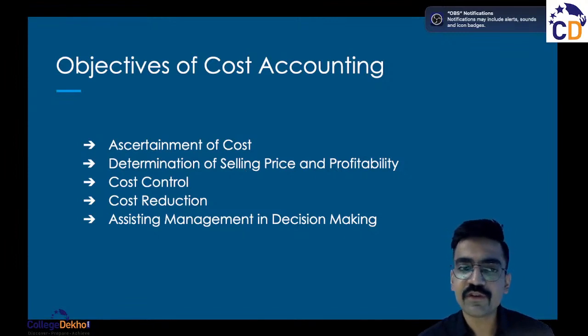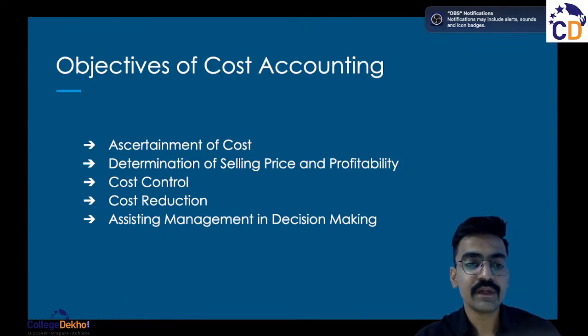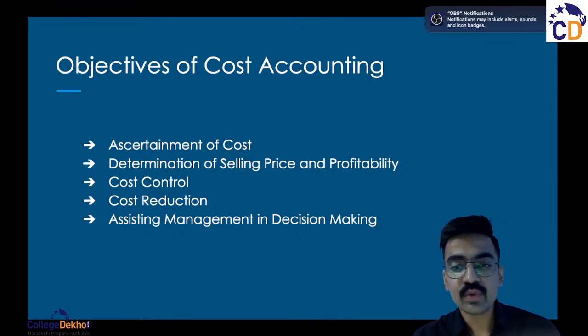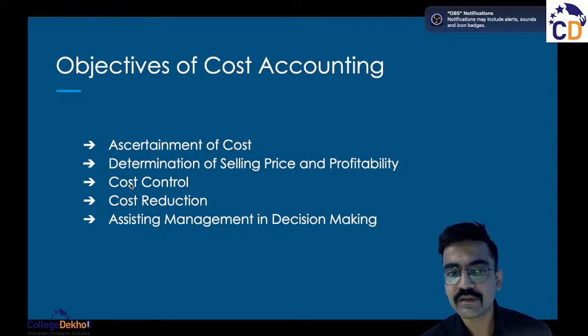Now another objective of cost accounting is cost control. Right, in the previous slide we talked about this, that cost control and cost reduction are two different terms and they mean two different things. As the name suggests, cost control is related to just the controlling aspect of this process, just the controlling of the costs that already exist in the business, right?